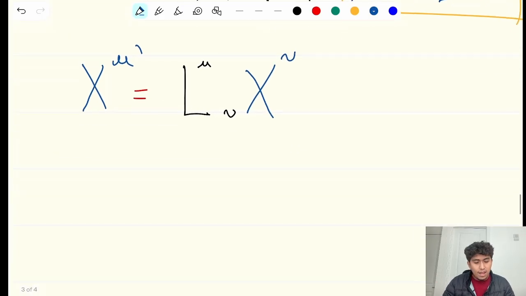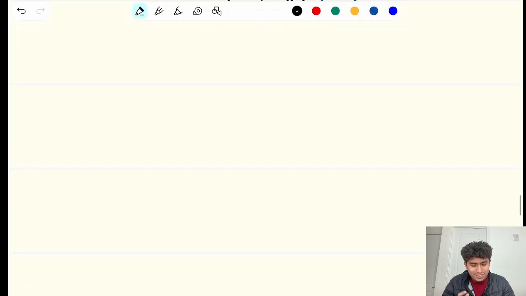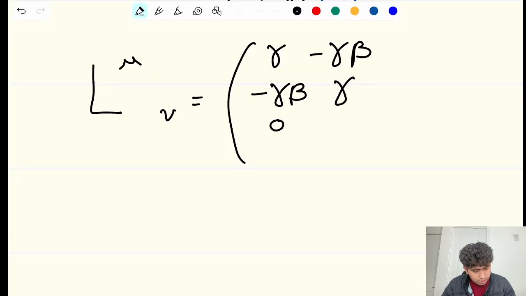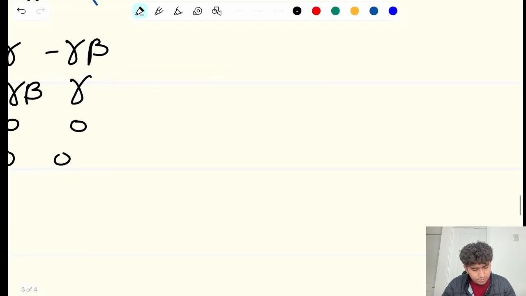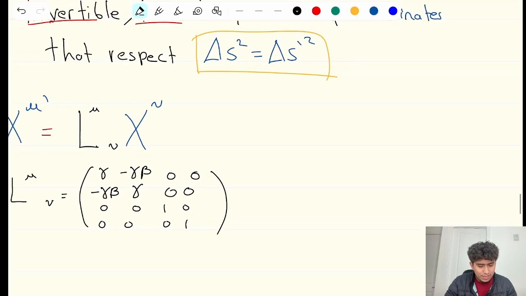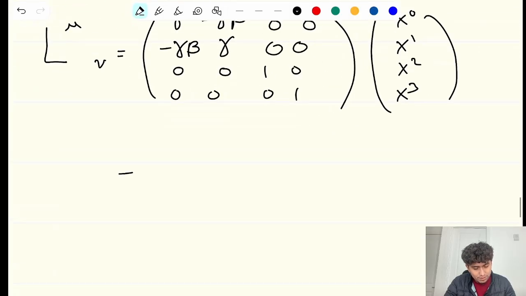Great. And for example, now why we did this example? Imagine this L mu nu is equal to this matrix: minus beta 0, 0, 0, 0, 1, 0, 0, 0. If we multiply this by our four vector, we get the following.